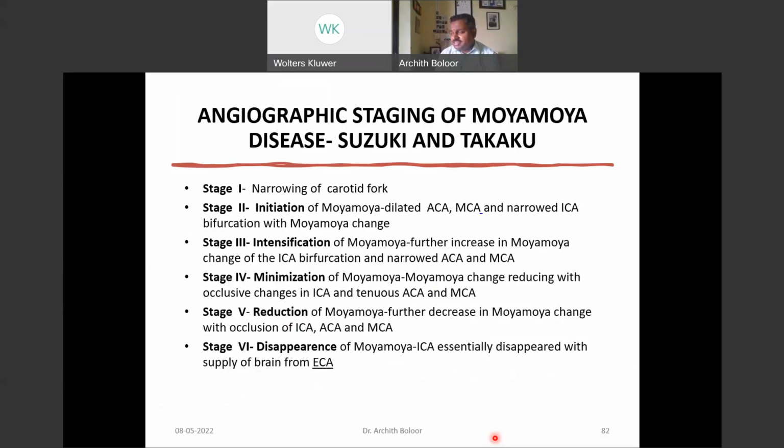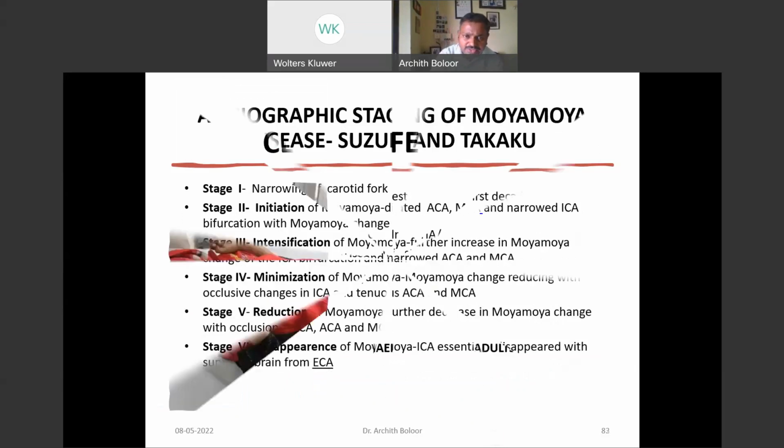Various staging systems. This is a theory question that's asked for postgraduates. It was first described in Japan. So the staging system was given by Suzuki and Takakau. So various stages are there, and you can read about it. I won't go into the detail of that.